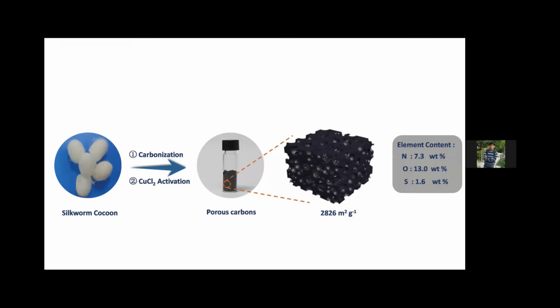After carbonization and activation, they get a porous carbon, which shows a very high surface area, and it is also nitrogen and sulfur doped, and it contains nitrogen 7.3% and sulfur 1.6%.